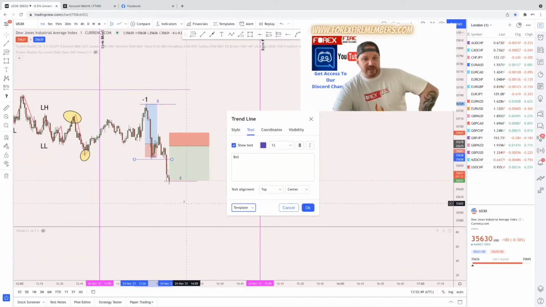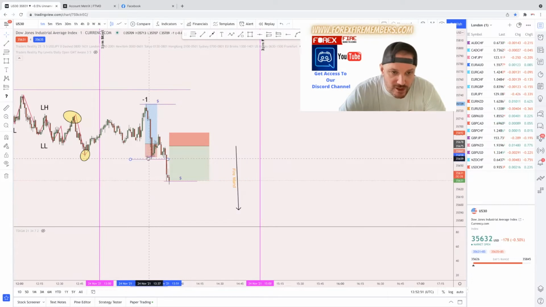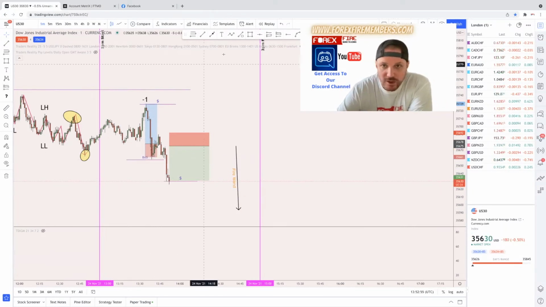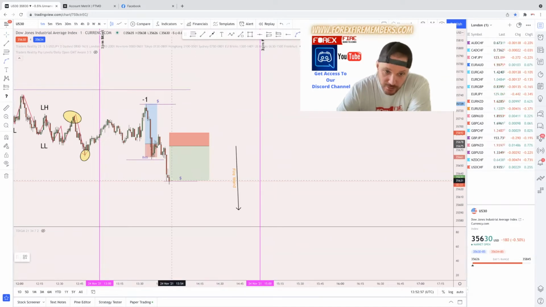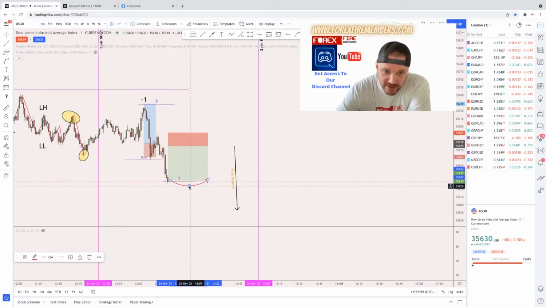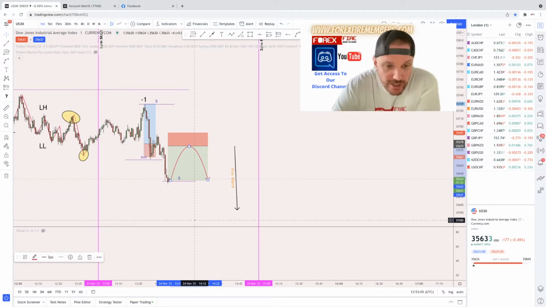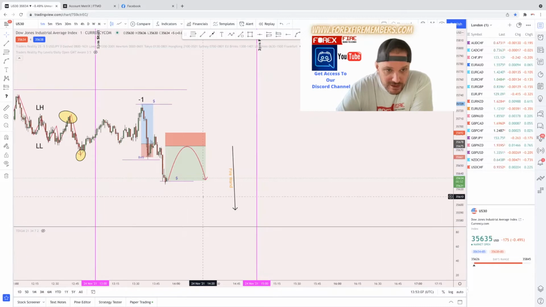So we've identified our break of structure, and we're now looking for, again, we're just trying to move with a trend. That's all this strategy is based upon. Second day of trying it with the US30, we'll see how it plays out.